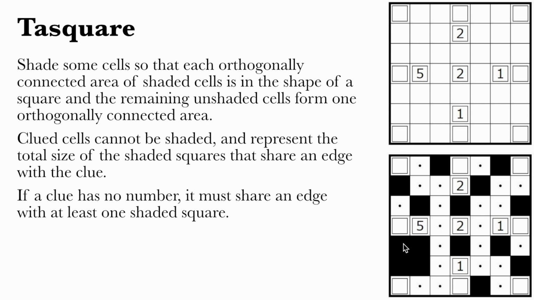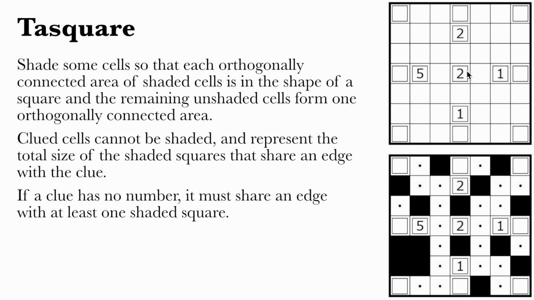The squares can't touch. The remaining unshaded squares form a connected area, meaning if you start at any of those cells in this grid, you can trace a path to any of the other cells in the grid. Clued cells cannot be shaded.